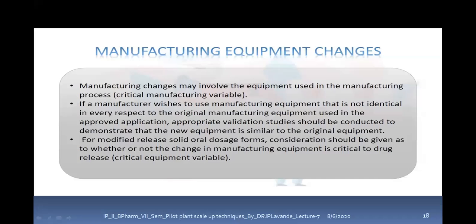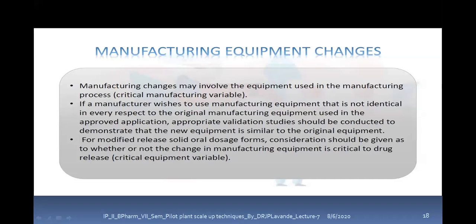Manufacturing equipment: if we want to carry out certain changes related to the equipment involved in the manufacturing process, the guidelines suggest that manufacturing changes may involve the equipment used in the manufacturing processes, that is, the critical manufacturing variable.